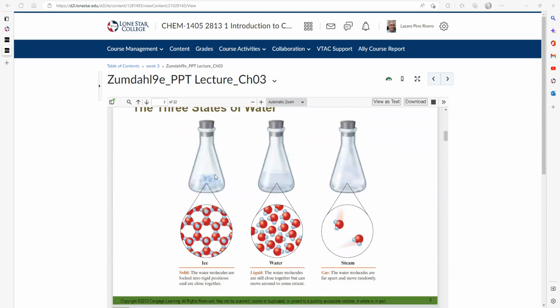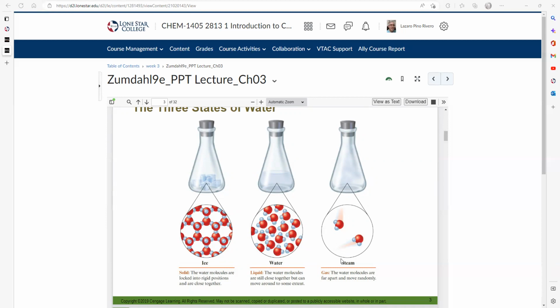Well, in the solid state, the particles are close together, for example, in water. But in liquid water, the molecules can move freely. So there is a space between molecules and they can move freely.